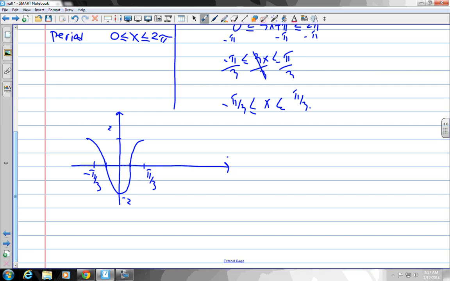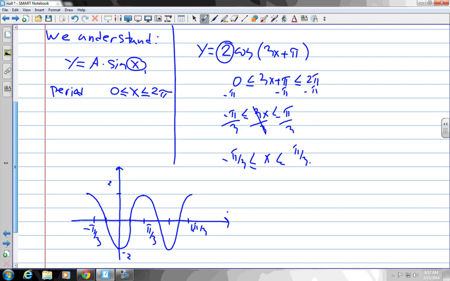So it's pi over 3. So the next one will be 4 pi over 3, right? So you keep repeating that period. Did that trick make sense? You just put whatever's on the inside between 0 and 2 pi, and you solve that inequality for x.